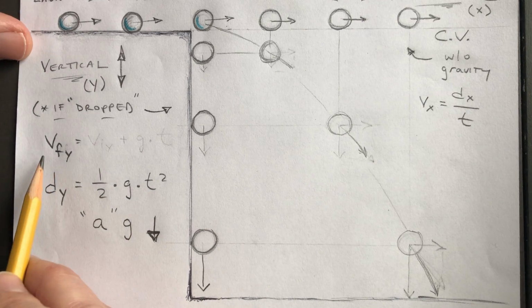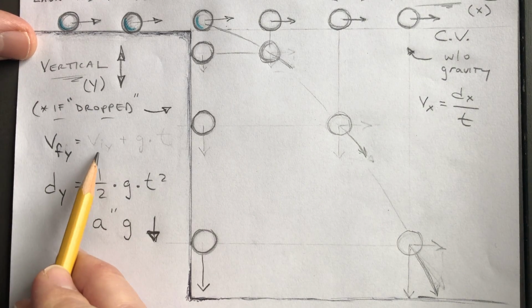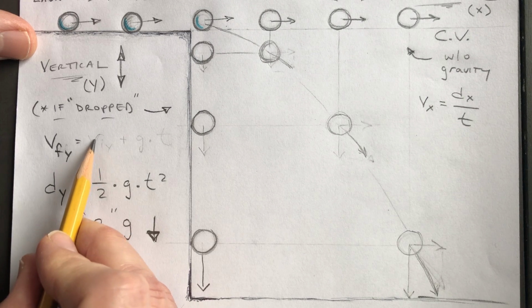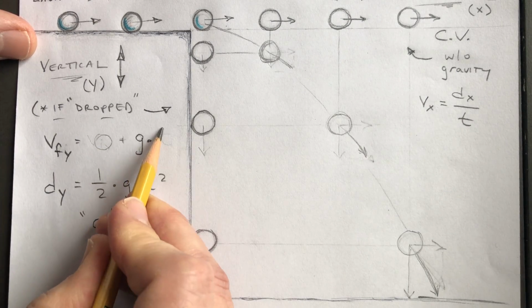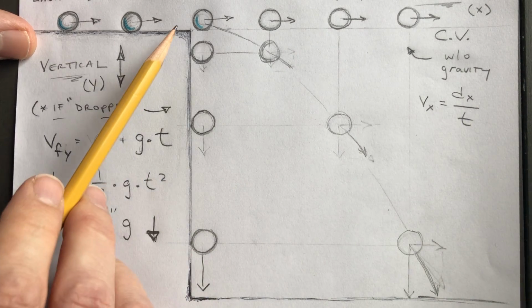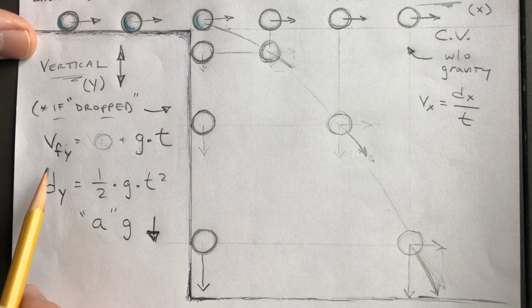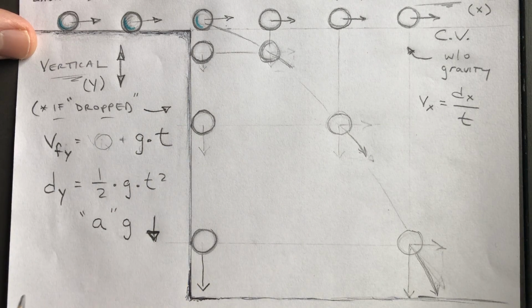Therefore, we're going to use equations like Vf equals, now I'm not going to put the Viy because that's going to be 0, plus g times t. So vertically, it will increase by say 10, 20, 30, 40, like we did earlier.